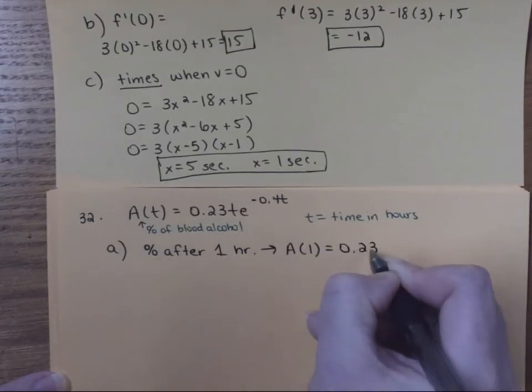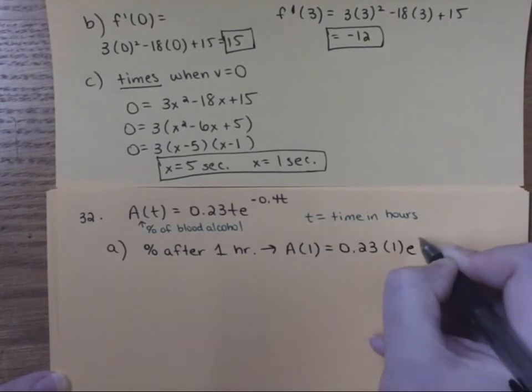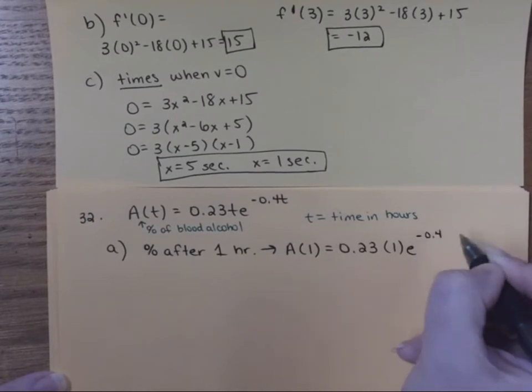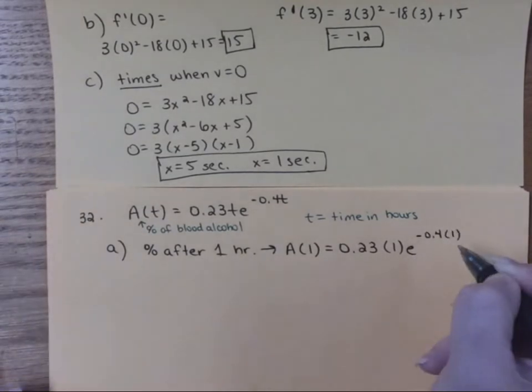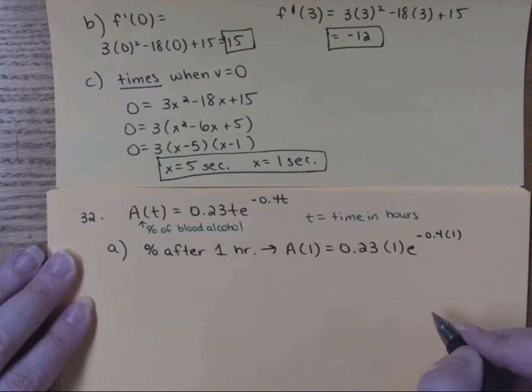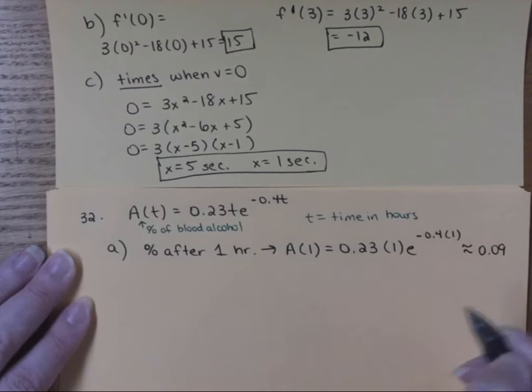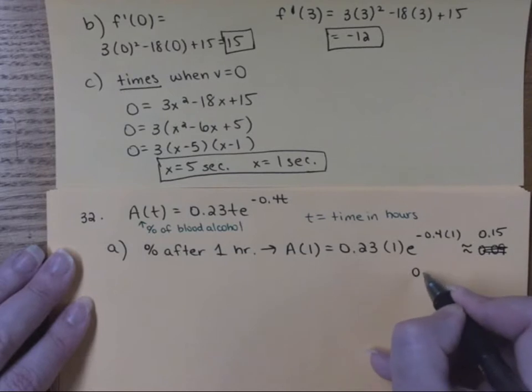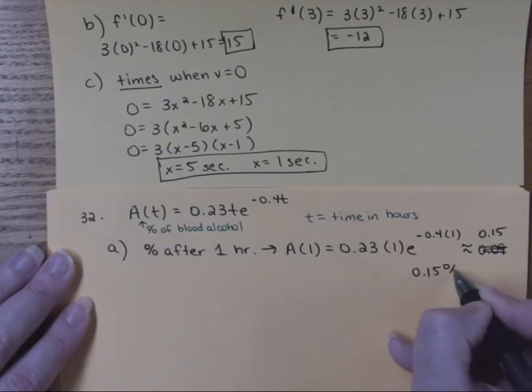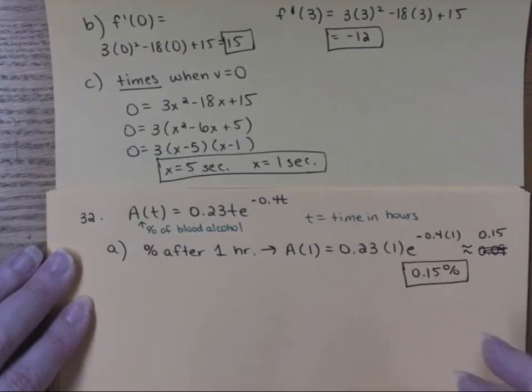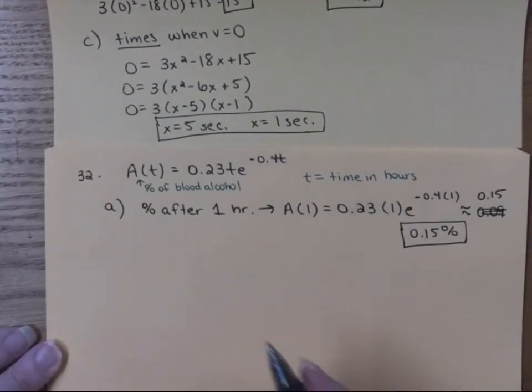So 0.23 times 1, and then e to the negative 0.14 times 1 power. We're going to get a decimal here that stands for a percentage. So we're going to get 0.09. Sorry, just kidding, 0.15. So this person's blood alcohol level is about 0.15%. Well past the legal limit, right?